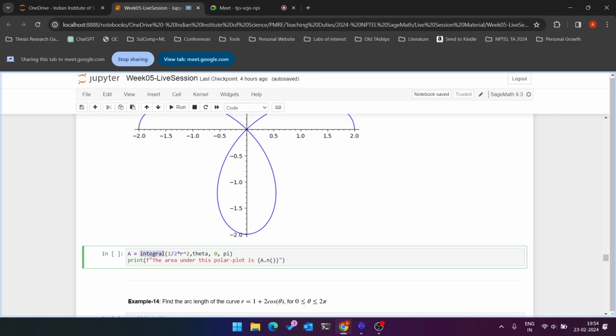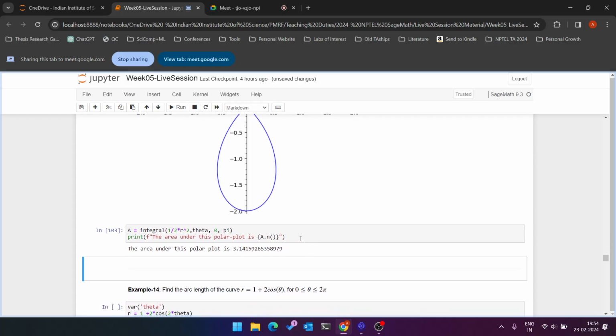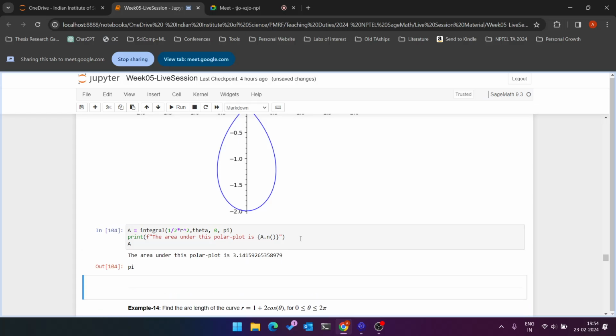So that is what we are using here. My area is nothing but the integral of half of r square over the variable theta for the limit 0 to pi, and then I calculate this numerical value, which is nothing but pi. So the area is pi.